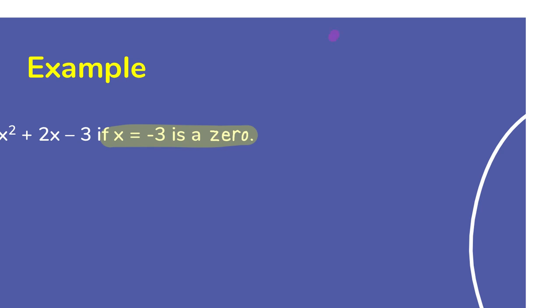One is like what they're giving you: x equals -3 is a 0. You could also see it as, I will actually use k because sometimes we don't know what the number is.